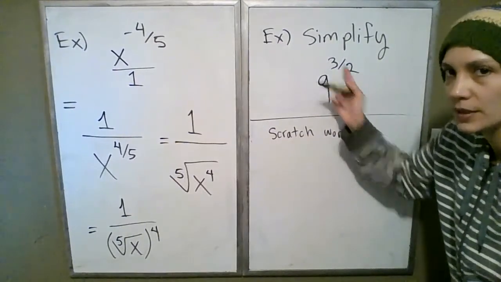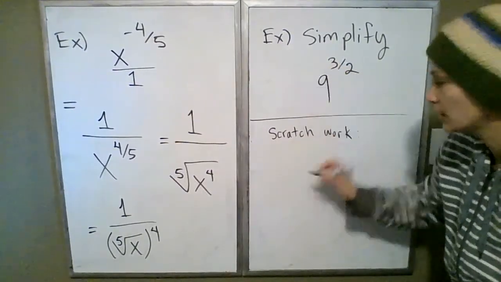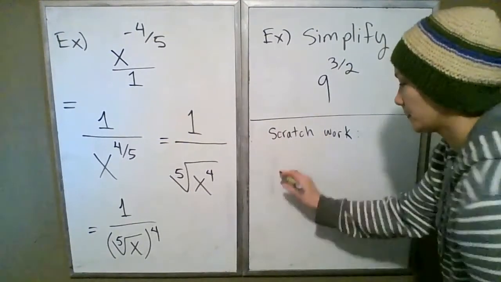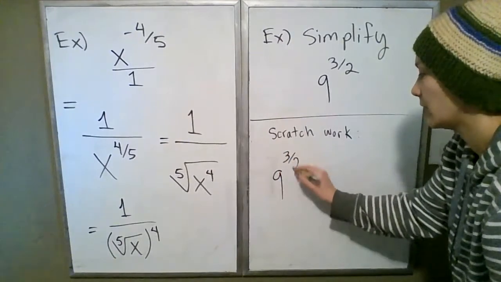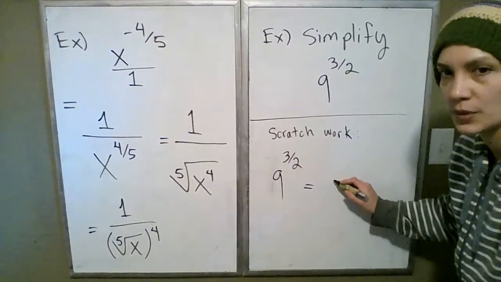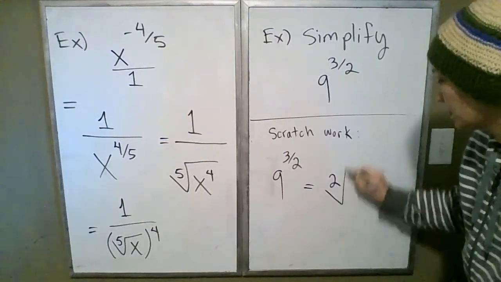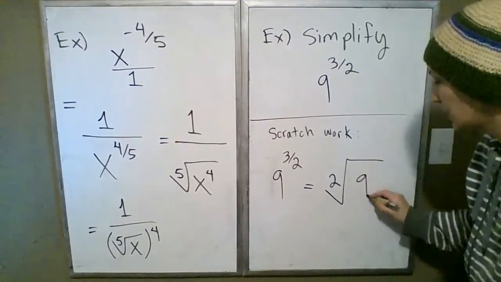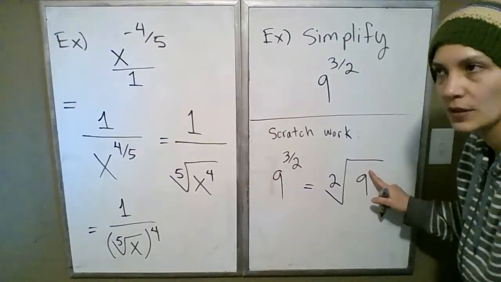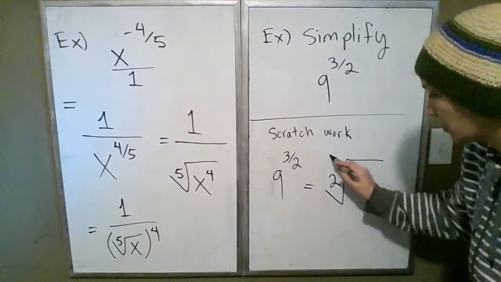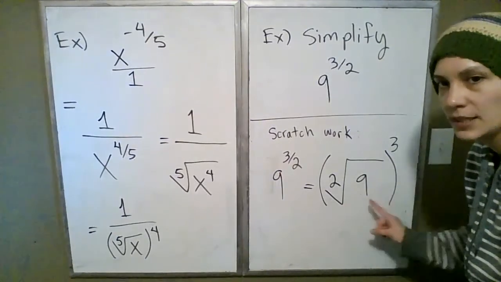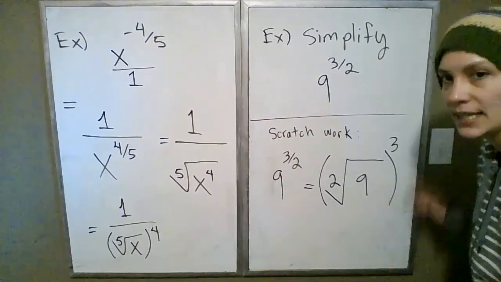So it's a square root of 9 cubed. Whatever your denominator is going to be used as the root. 9 is under there, and that power of 3 you could put on 9 or outside of the whole root, which I'm going to do. That way we can simplify this square root of 9, and then afterwards we'll cube.